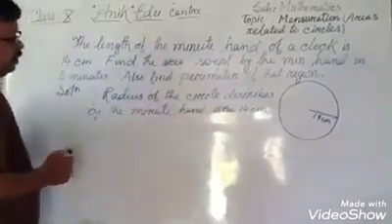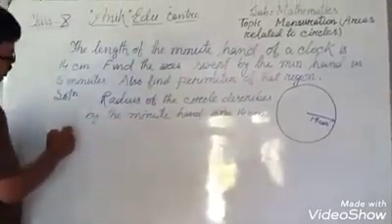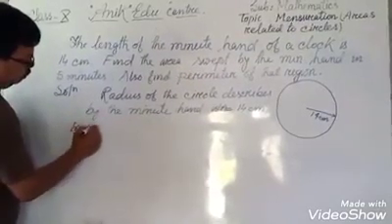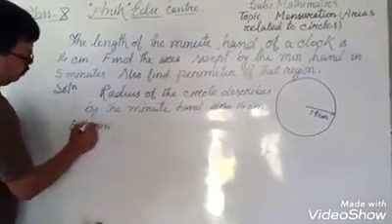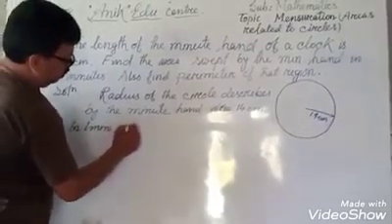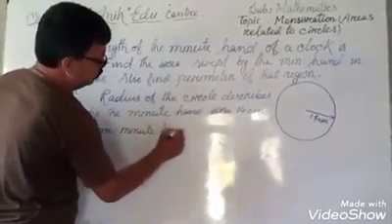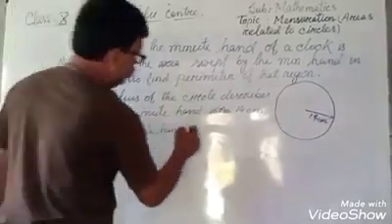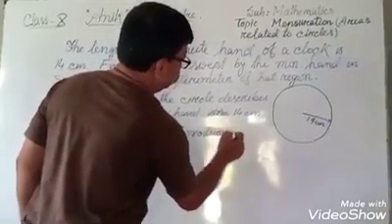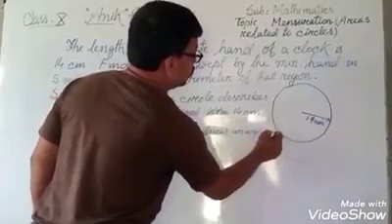You know, in 1 minute, minute hand produces an angle 6 degree.